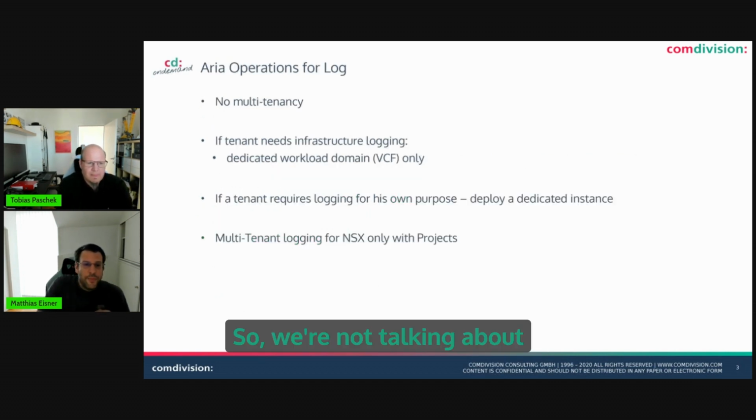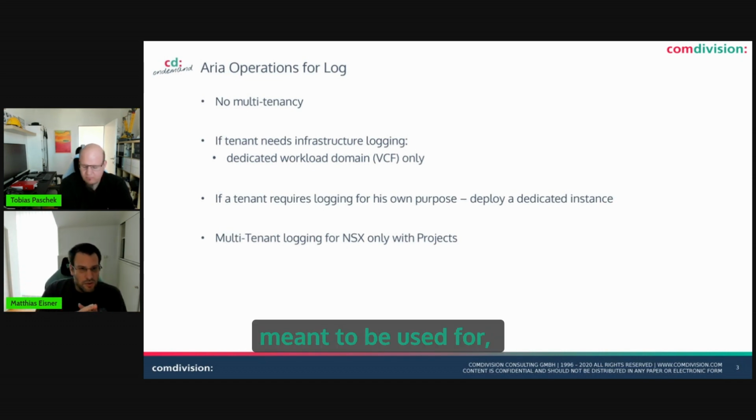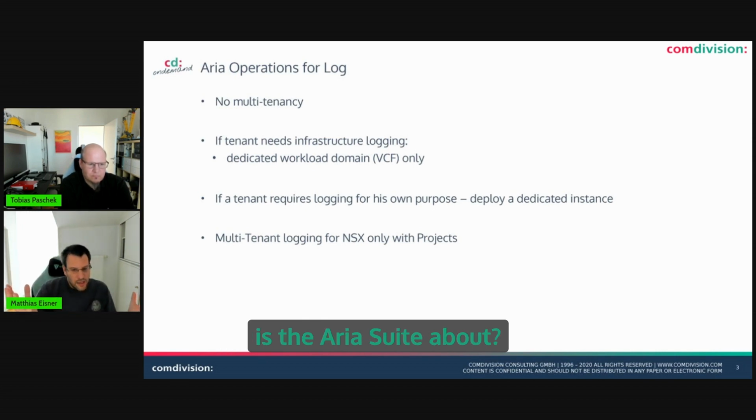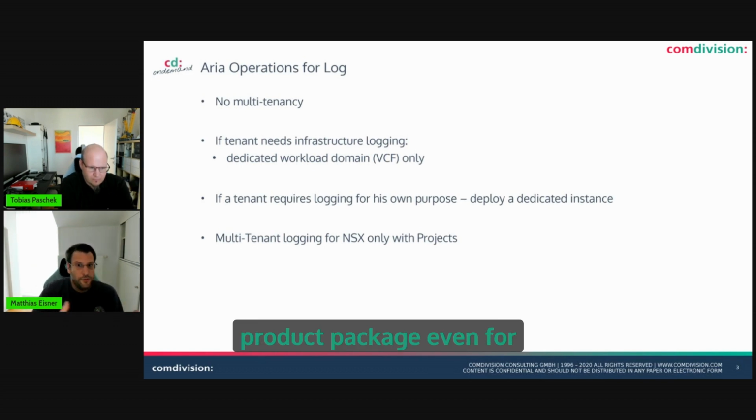So we're not talking about Aria for networks because that's a different ball game, because of what the product is able to deliver and what it's meant to be used for. So we could make a dedicated episode out of it. But first and foremost, what about the Aria Suite? It is part of the VCF product package, even for service providers.